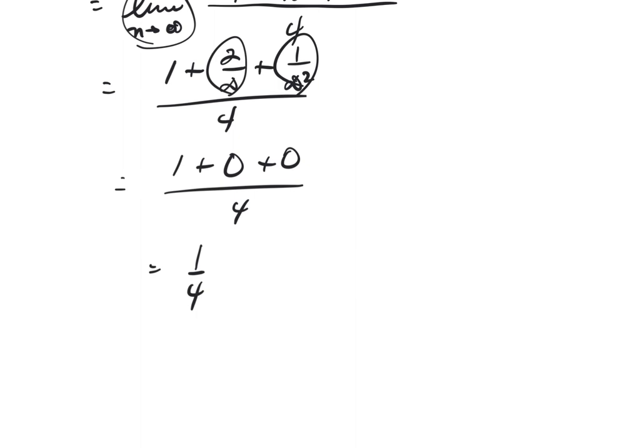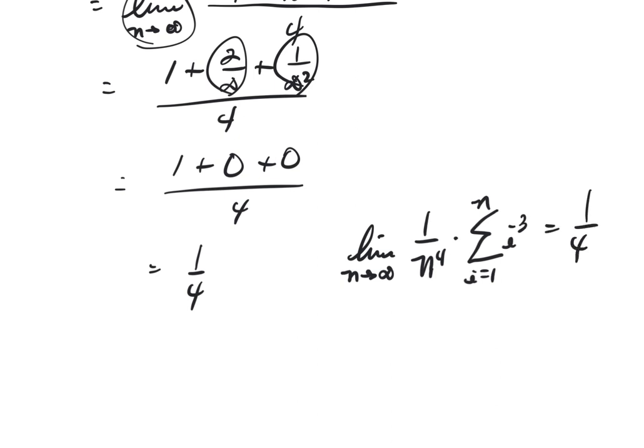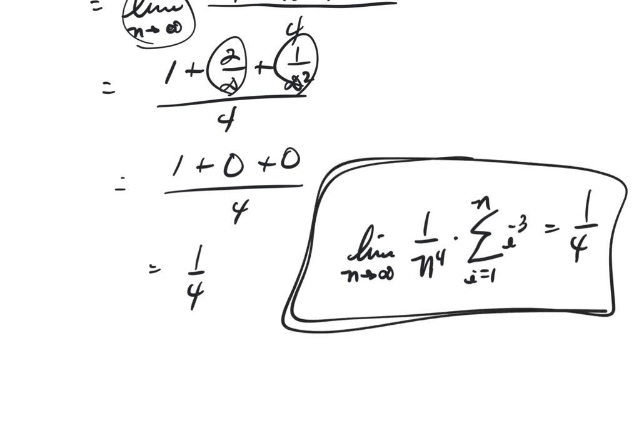Again, what I need you to have down is the following: the limit as n approaches infinity of 1 over n to the fourth times the summation from i equals 1 to n of a variable cubed is going to be equal to 1/4.